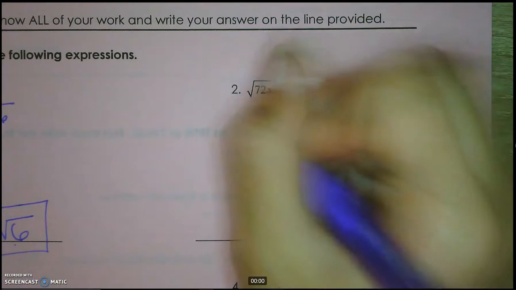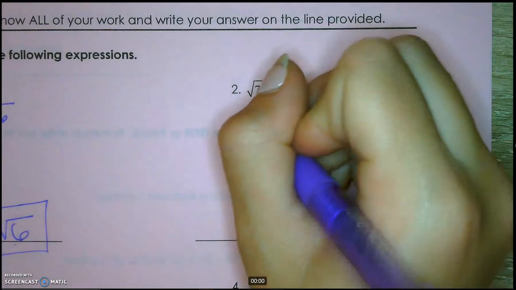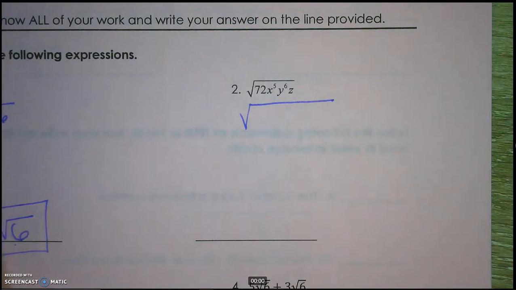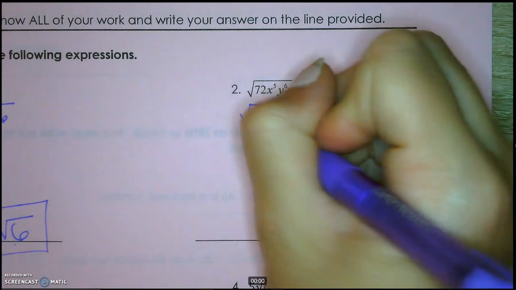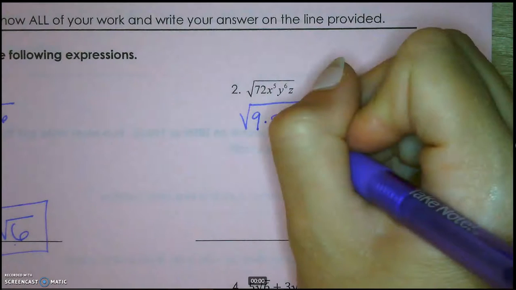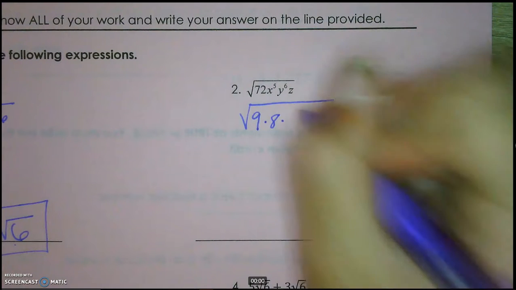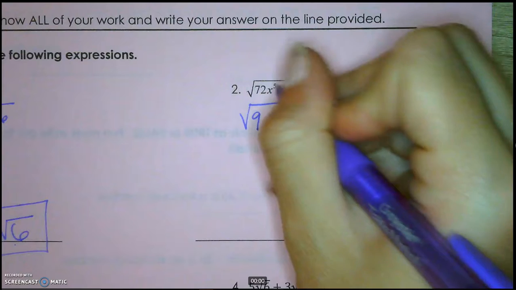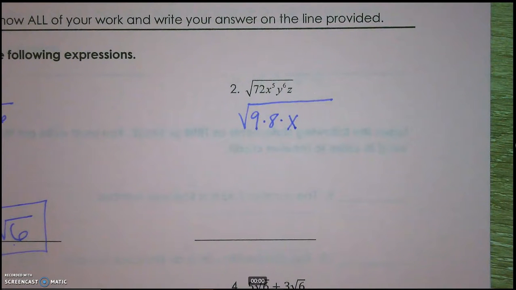Okay, moving over to this one, it looks like we have a number and we have variables to deal with. 72, I could divide out 9 as an option. 9 times 8. There's other options as well, but let's go ahead and just take this route as an example. We have an odd exponent. With an odd exponent, that's not a perfect square.